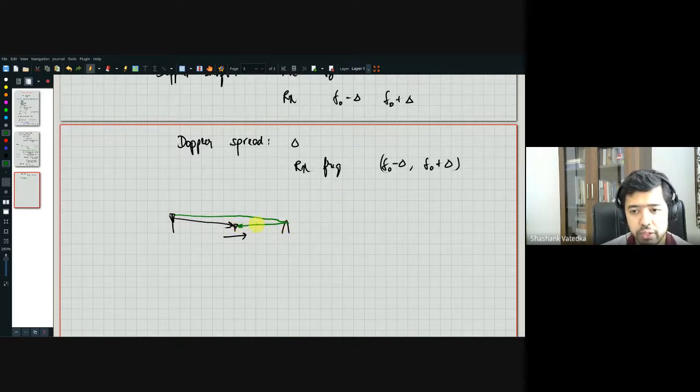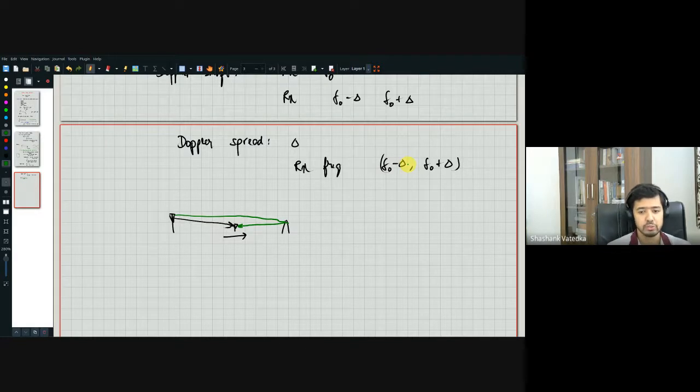There's one component f0 minus delta, and there could be another component which is f0 plus delta. All right, and so there is a spread in terms of the frequencies that are received by the receiver, and how much this frequency can vary is characterized by the Doppler spread.